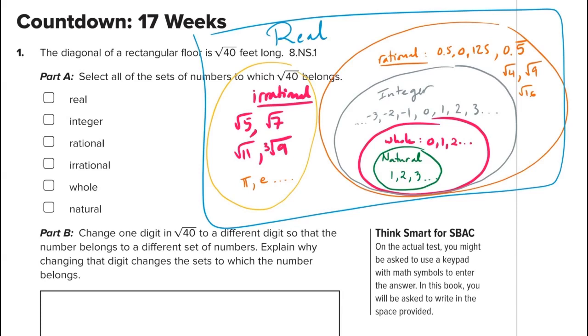So we're going to look back at square root of 40. Can you take square root of 40? All we have to do is break it down. This is a square root, right? So we need a number repeated twice. 40 can break down as 4 times 10. And 4 is 2 times 2. 10 is 2 times 5. We can see that 2 repeats itself twice. However, 2 and 5 are not repeated. So if you rewrite this, you will have 2 square root of 10.